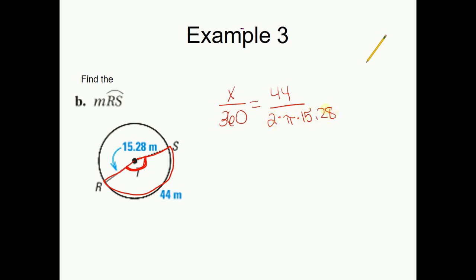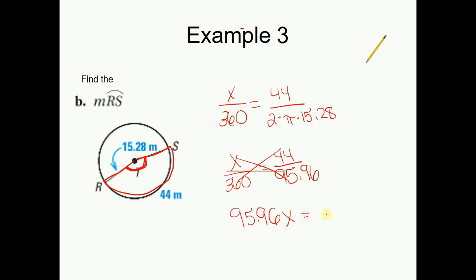Okay, let's multiply those together here quick. That is 95 and 96 hundredths, so 95.96. Looks like we need to cross multiply again, so 95.96 times x equals 44 times 360, 15,840 it looks like.